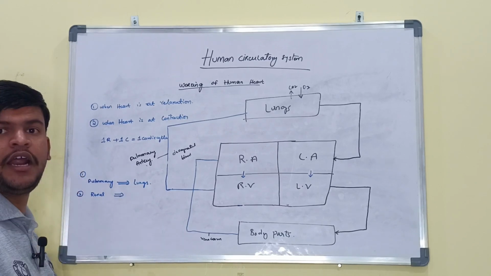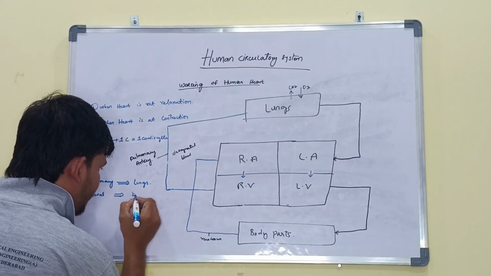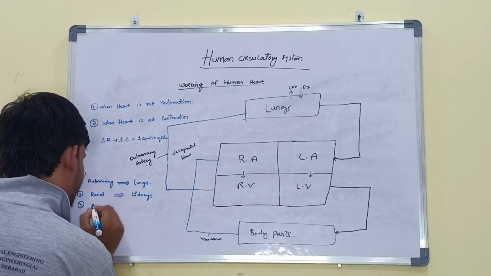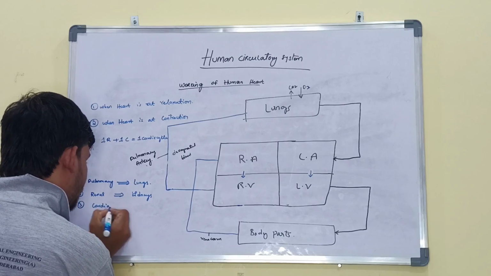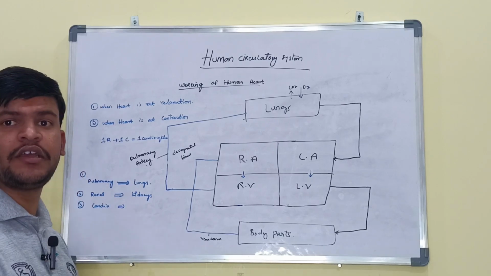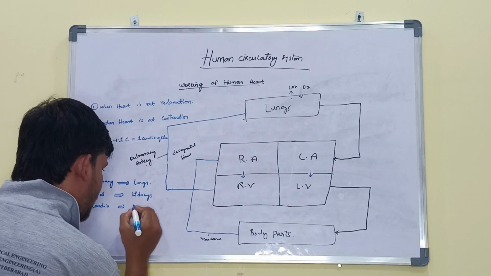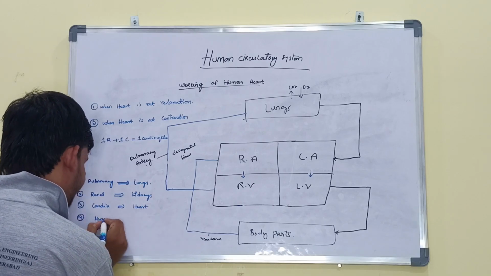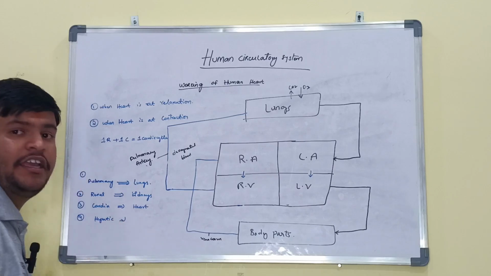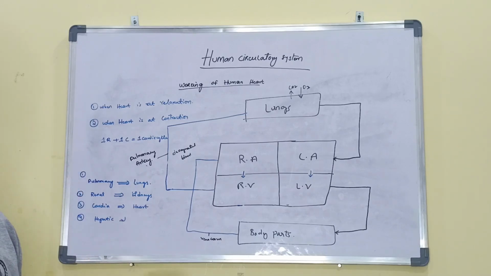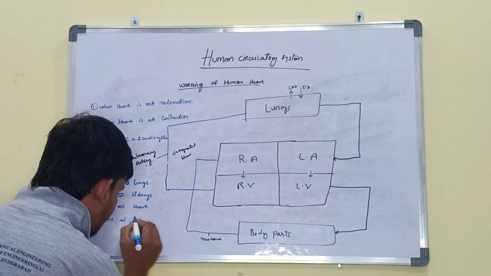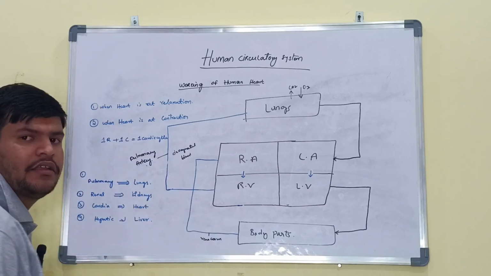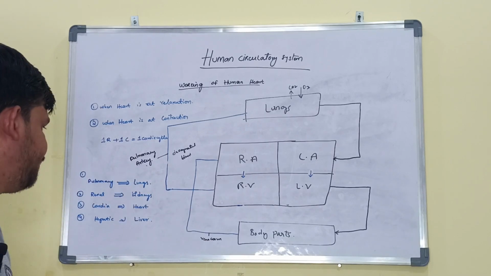The word renal is used for kidneys. Next one is cardiac. The word cardiac is used for heart. Fourth one is hepatic. The word hepatic is used for liver.